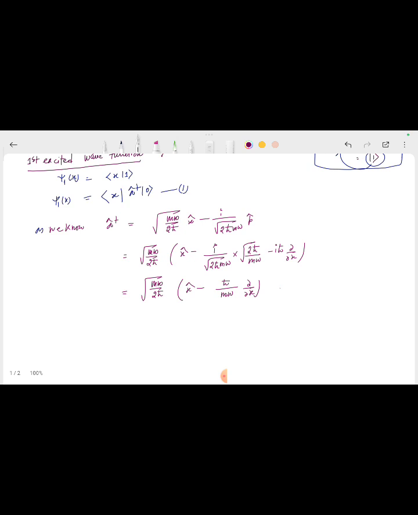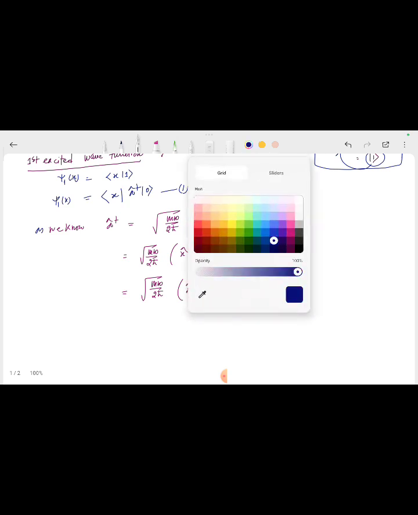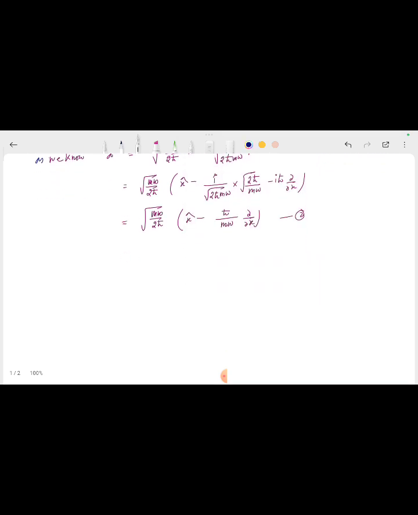So this is equation number 2. Use equation 2 in equation 1.